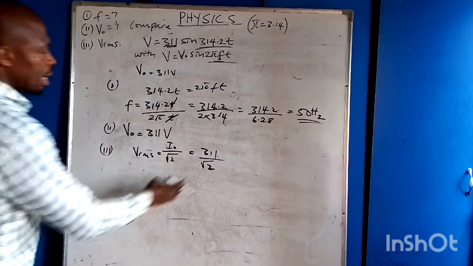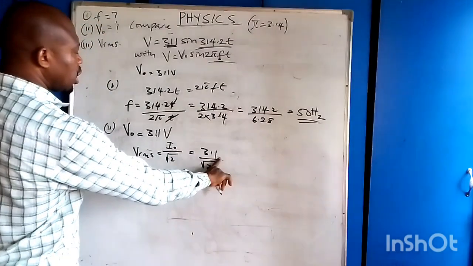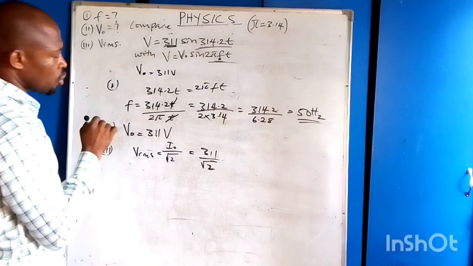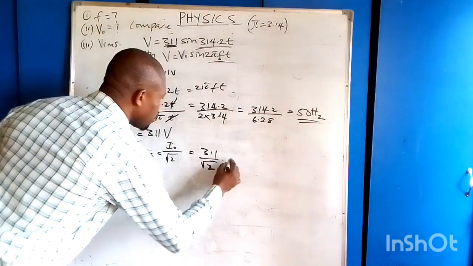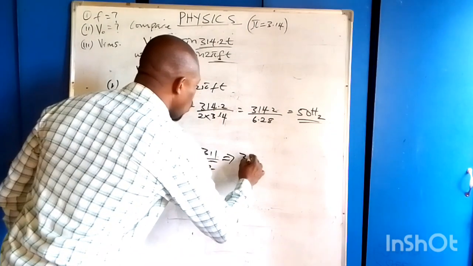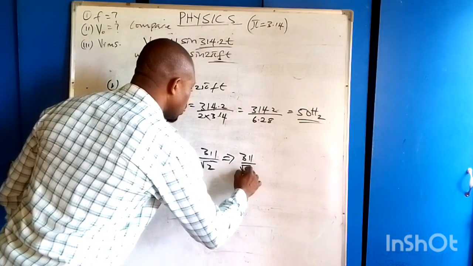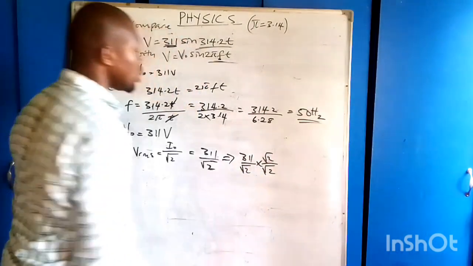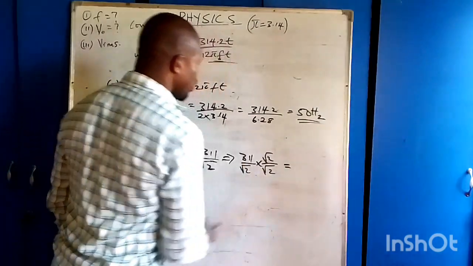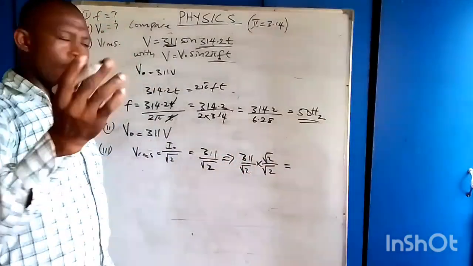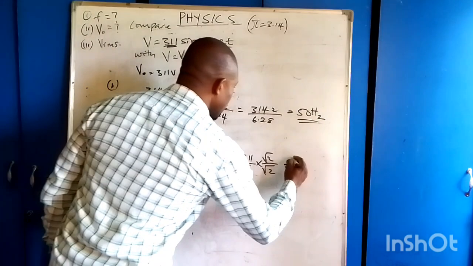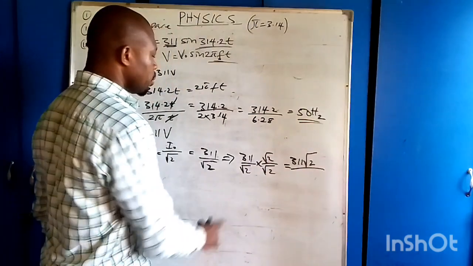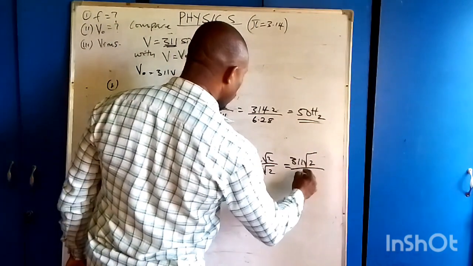At this point, we can multiply both sides by the value of the denominator. We now have 311 all over root 2 times root 2 all over root 2. This will give us 311 root 2 all over root 2 times root 2, which is root 4.